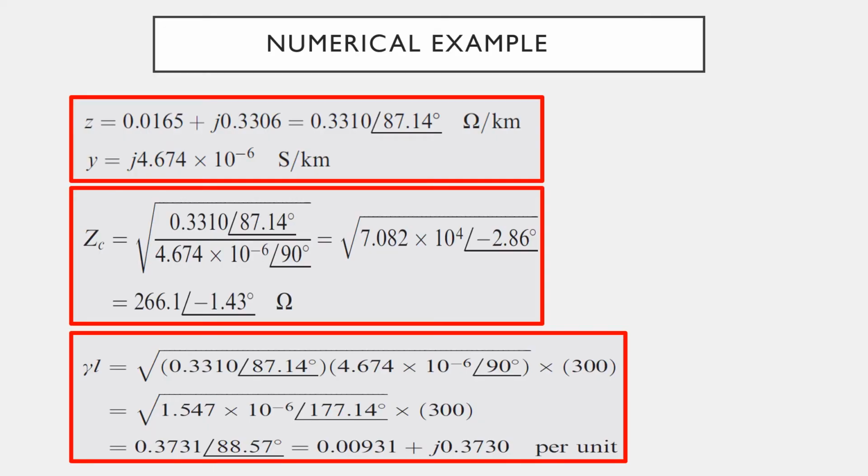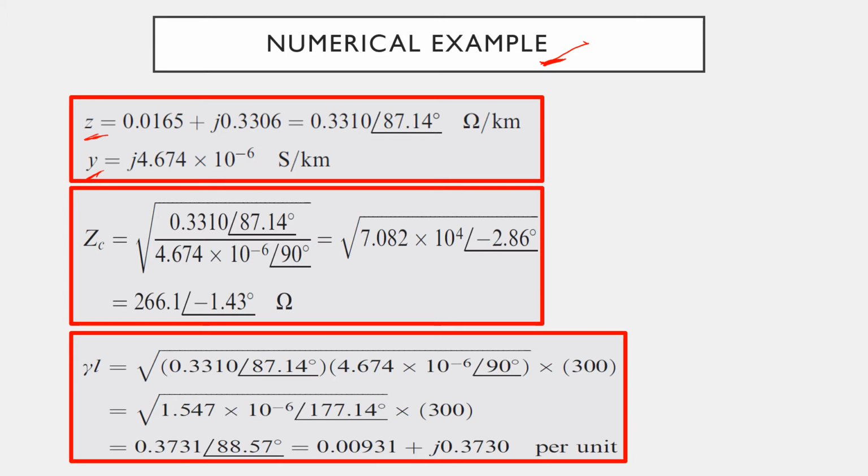Before we verify the problem using the PowerWorld simulator, let me solve a numerical example. Here I am taking Z, the transmission line impedance, equal to 0.0165 plus j0.3306 ohms per kilometer, and the shunt admittance Y equal to j4.674 times 10 to the power of minus 6 Siemens per kilometer.